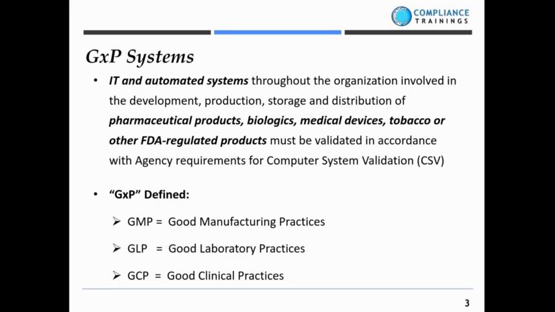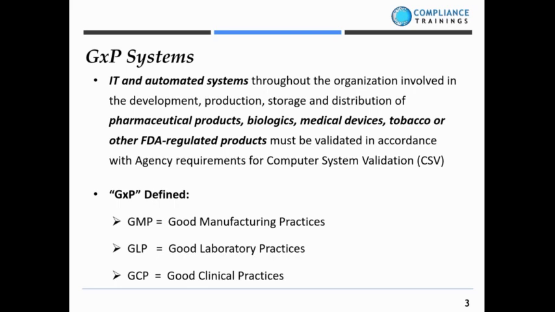IT and automated systems throughout your organization are used for development, production, storage, and distribution of products that are regulated by FDA, whether you're pharmaceutical, biologic, medical device, tobacco, or any other FDA-regulated organization. You have to validate these systems in accordance with the FDA's requirements for computer system validation, or CSV.